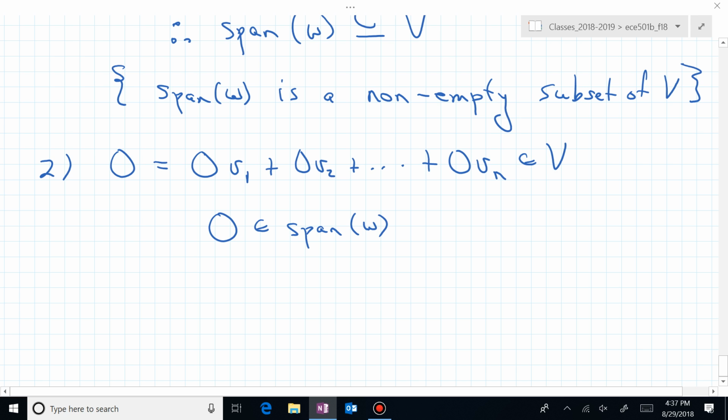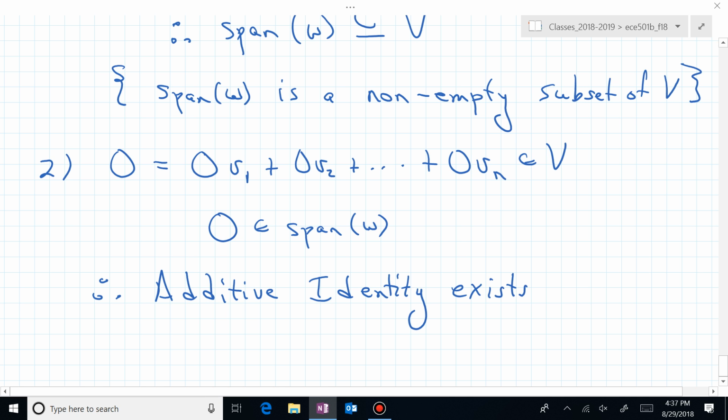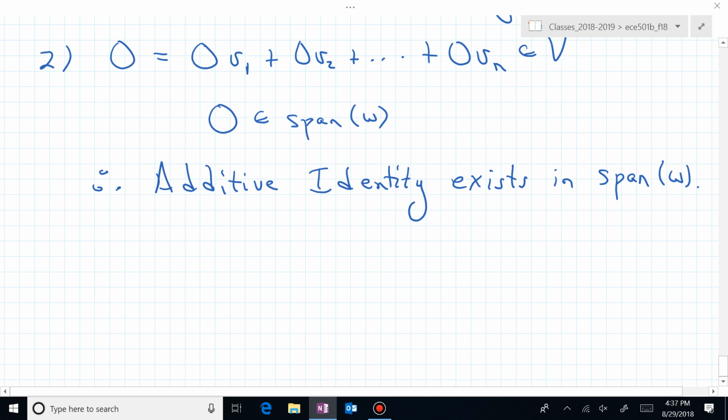We know V was a vector space, so we know the 0 element is in it, and now we've shown that a linear combination of the V's, which is the span of W, belongs to V. So now we know that we have the additive identity in the span of W. Now we need to show that it's closed under addition.